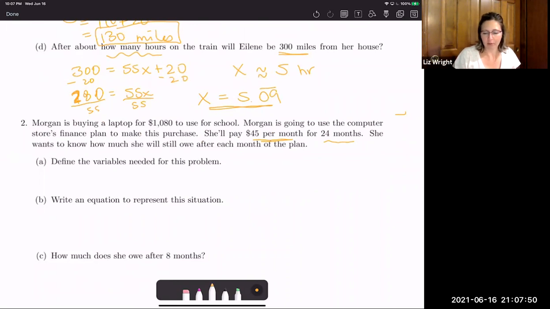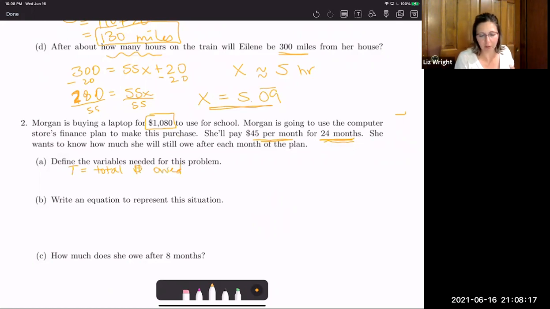Define the variables. What are our two variables we're thinking about? I see us talking about money and, again, time. This time I'm going to say T is equal to total money owed, because we're figuring out a payment plan, right?